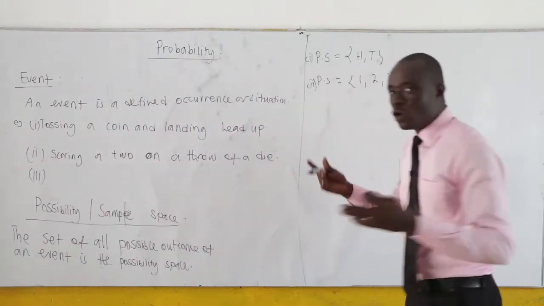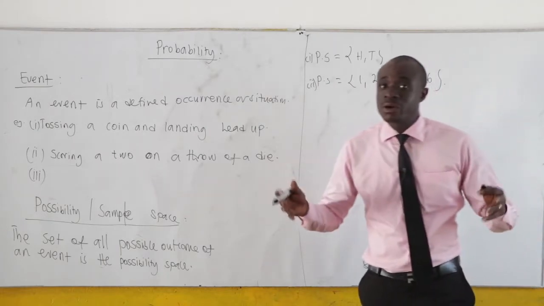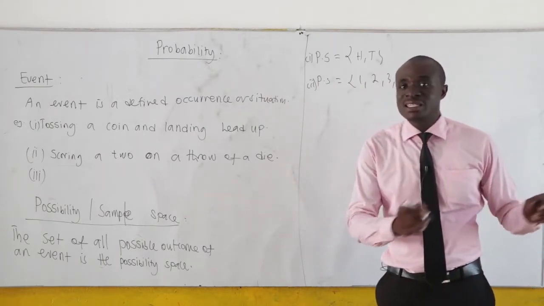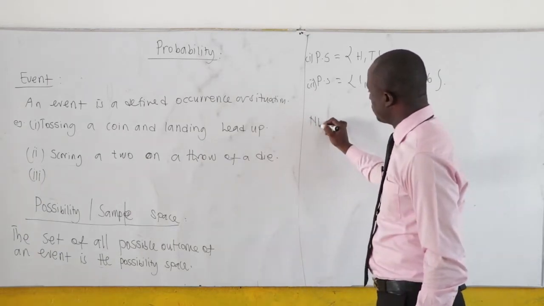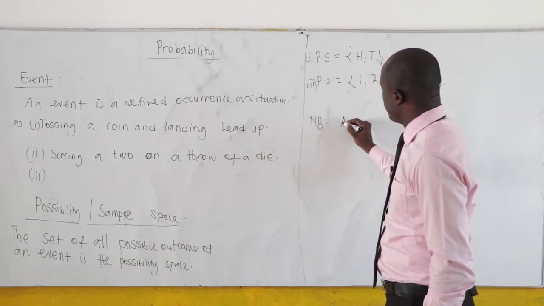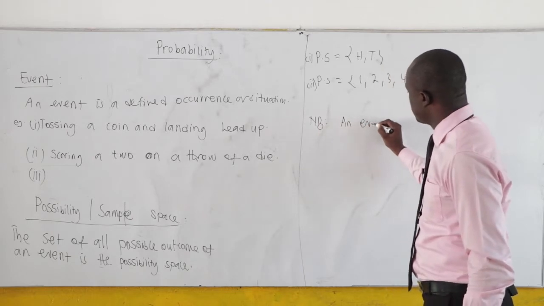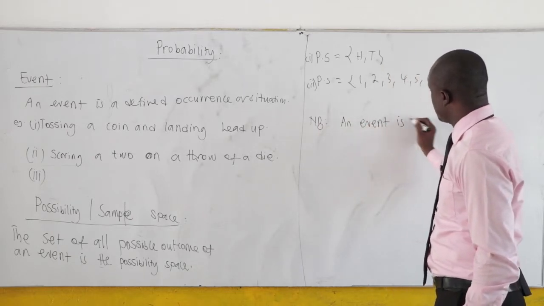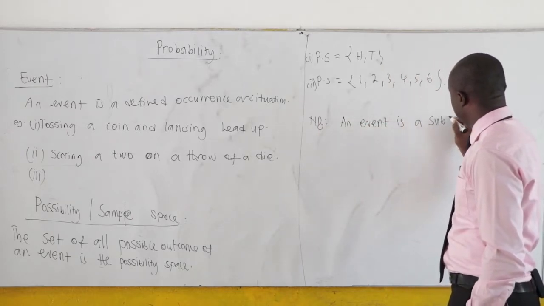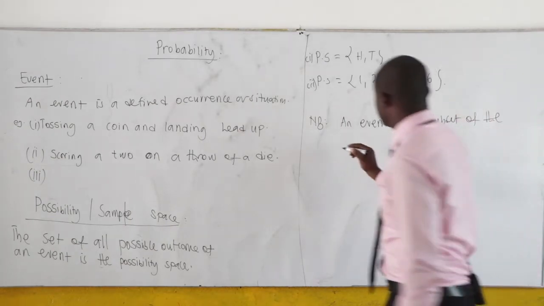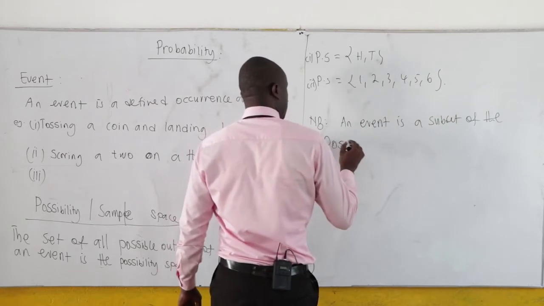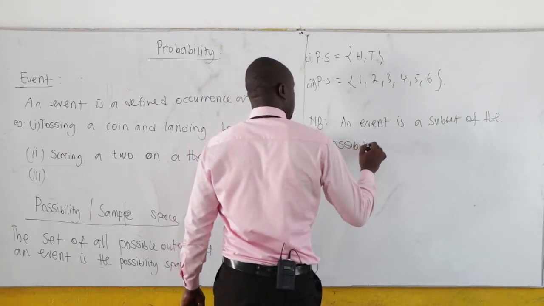Hence, in general, we can conclude that an event is a subset of the possibility space. Let's note, an event is a subset of the possibility space. This is so important.